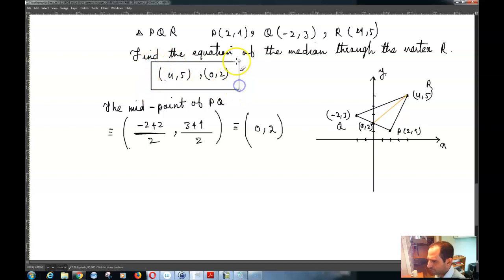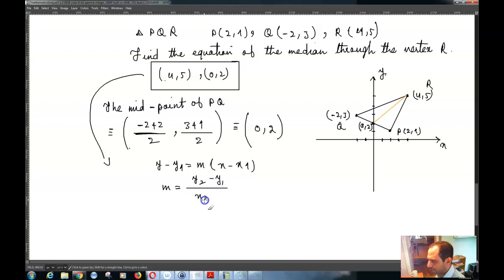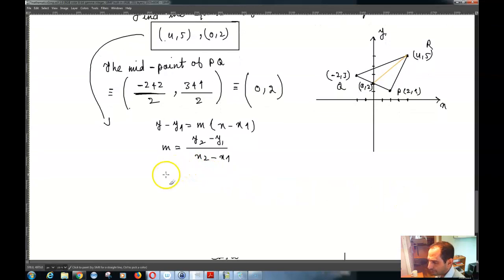If I take these 2 points and use them in this equation over here, y minus y1 is equal to m times x minus x1, and m is equal to y2 minus y1 over x2 minus x1, I will get m equal to (2 minus 5) over (0 minus 4), which is equal to negative 3 over negative 4, which is equal to 3/4.